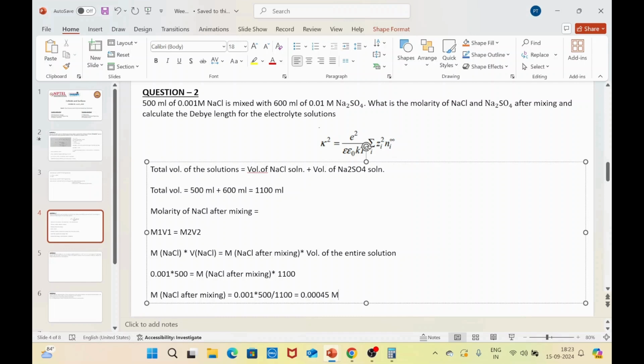So this will be the molarity of NaCl after mixing with Na2SO4.